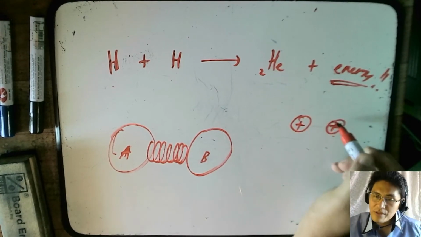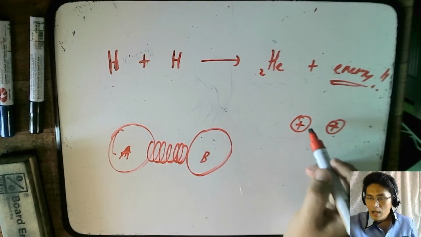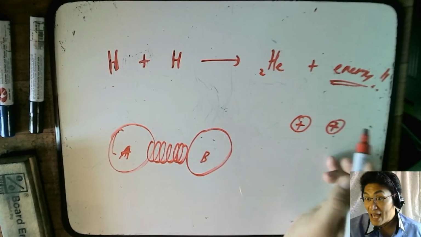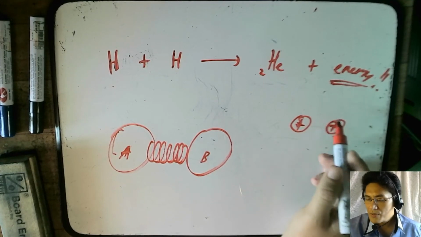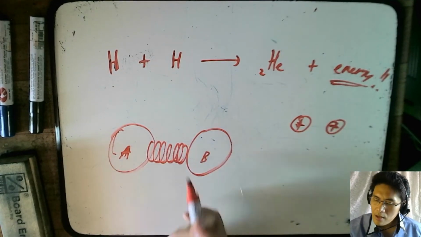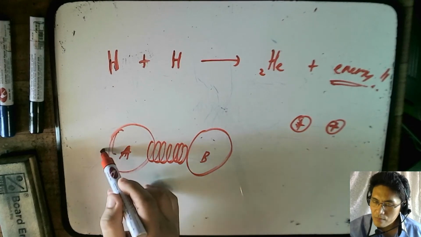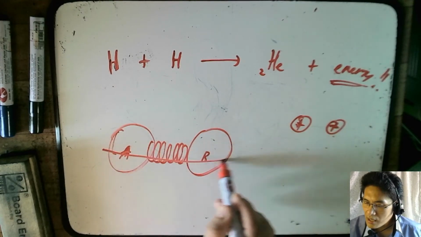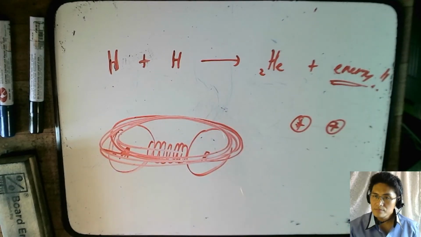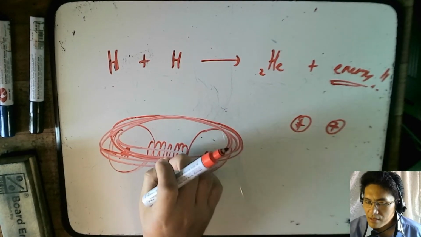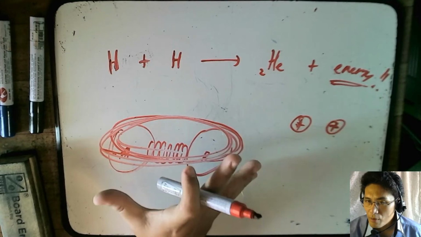If you have learned something from your grade 8, it's that same charges would repel each other. So this positive would push the other positive away. So they would try to repel. And what you're doing is you're kind of putting a string that holds them together. Okay? Preventing them from falling apart.